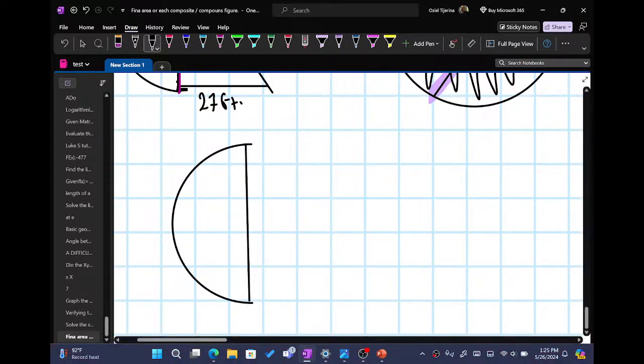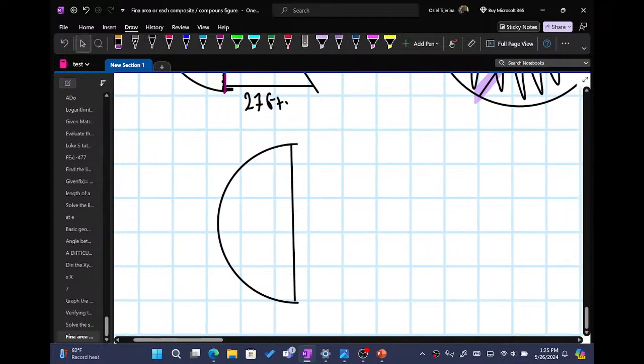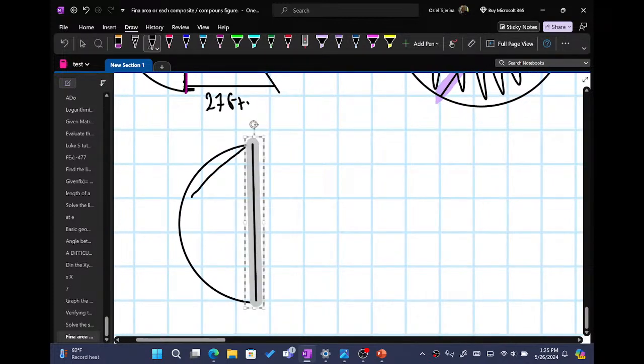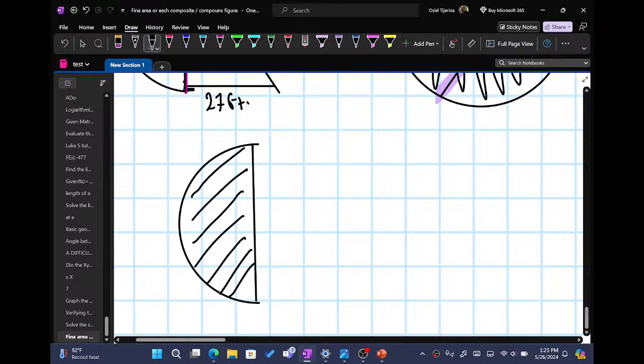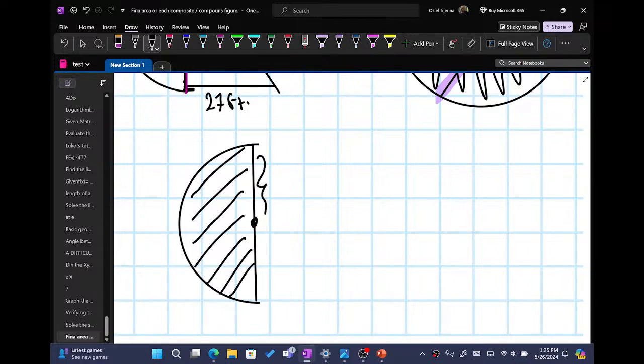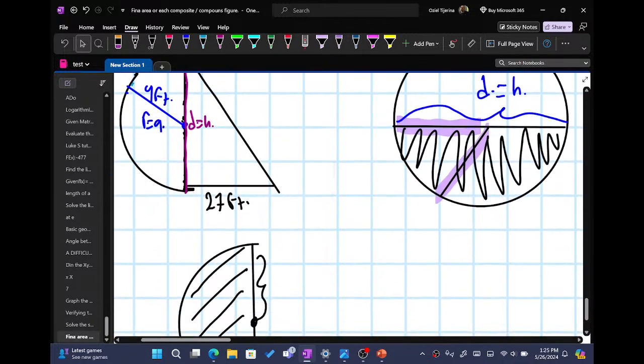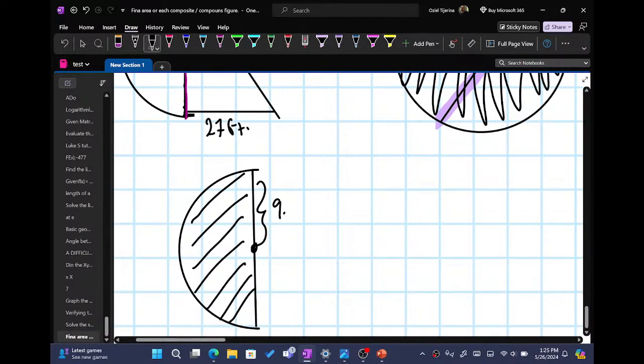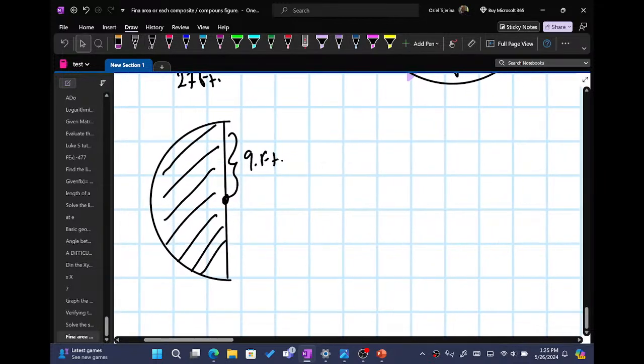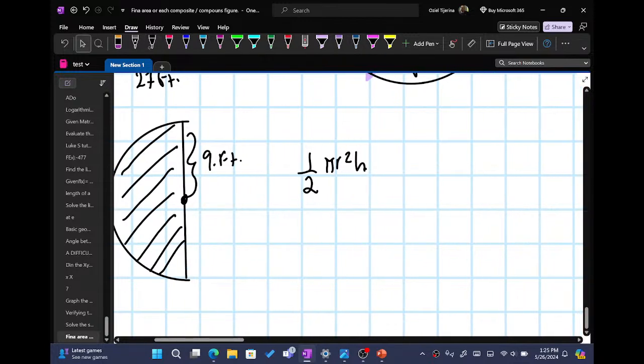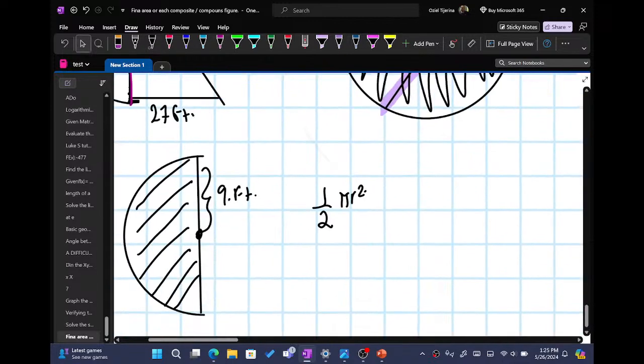Okay, now, so this circle, as you can see, the radius is 9 feet. But we're talking about half a circle, so it's going to be 1/2 pi r squared. I'm sorry, not h. 1/2 pi r squared. Okay, so that is the area of half the circle.